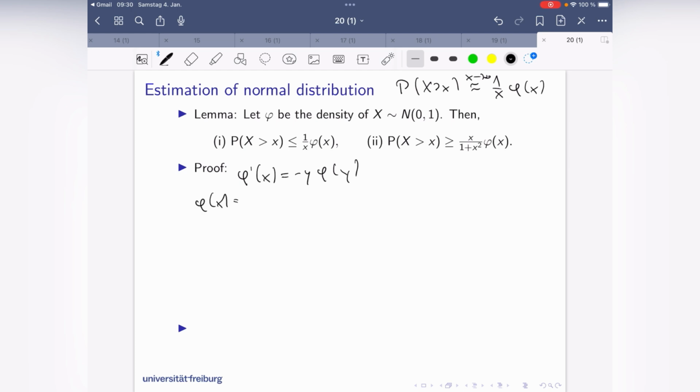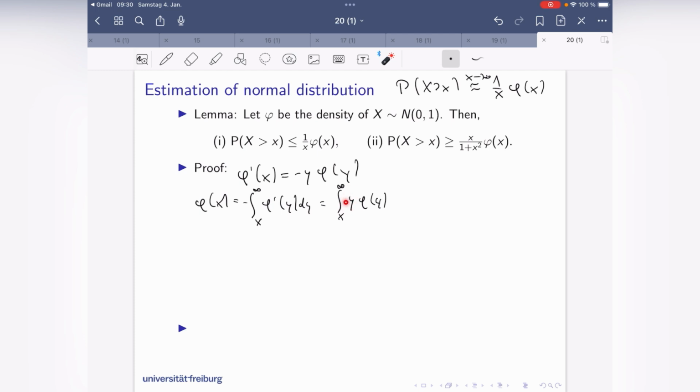Well, that's of course the integral from x to infinity of minus phi prime of y dy. But phi prime we just computed, it is minus y phi of y.